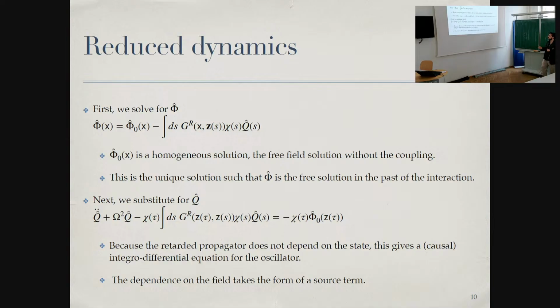And we see that it doesn't depend on the state of the field. So we've completely separated a part that depends only on the detector and a part that depends only on the free field. So this guy here is like an interaction picture. And it acts as a source of a detector that evolves with non-local equations of motion.